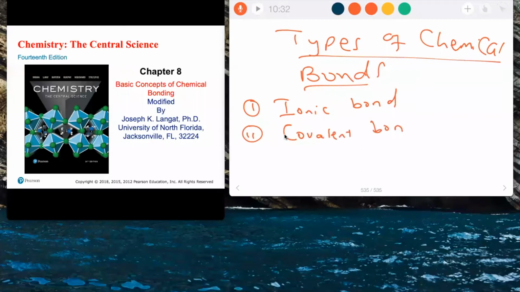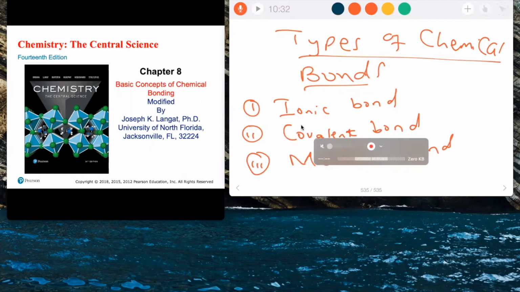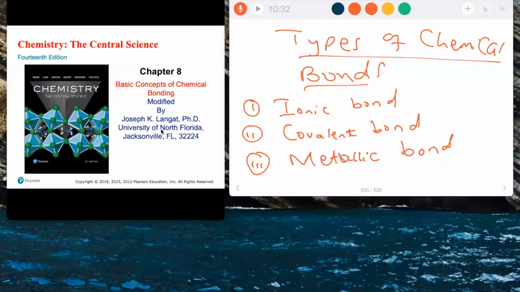These are the most important bonds relevant to this course. Down the line, you also need to understand that there is another one you'll see in Chem 2, mostly metallic bond. 3 types of bond: ionic, covalent, and metallic. We'll look at the properties of each one of them.